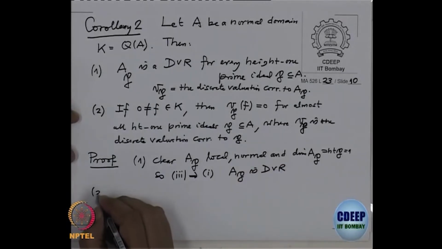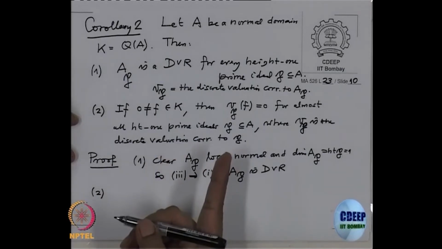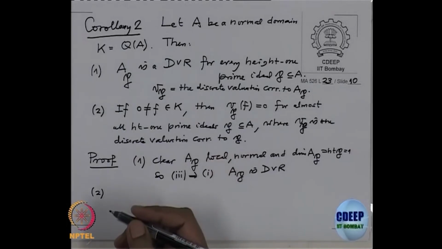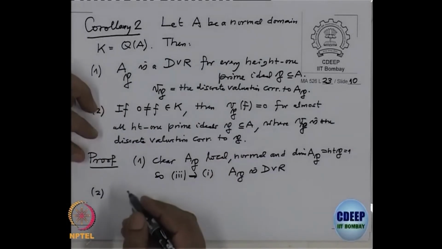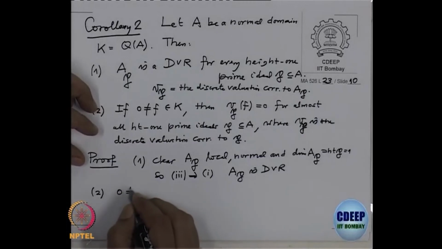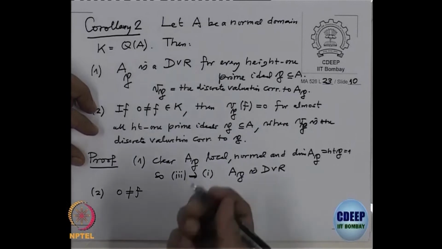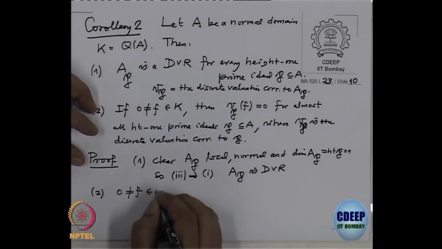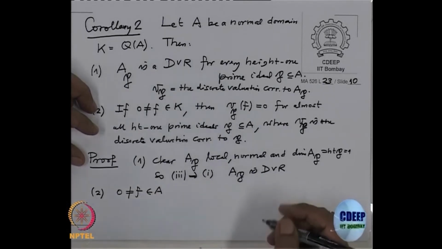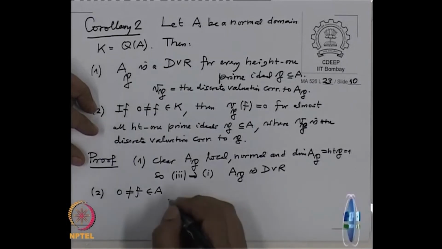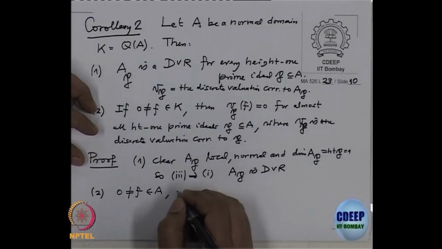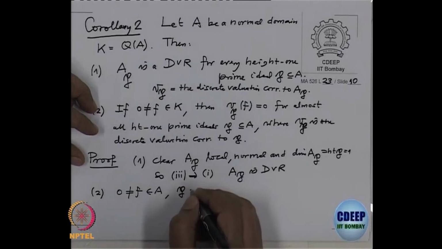Okay, second part, what do we want to show? We want to show that for each f non-zero, only finitely many Vp of f values are non-zero. Okay, so start with a non-zero element f. Actually, start first with an element f in A, and P a prime ideal of height 1.